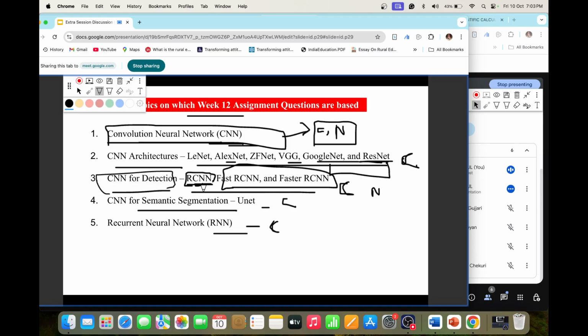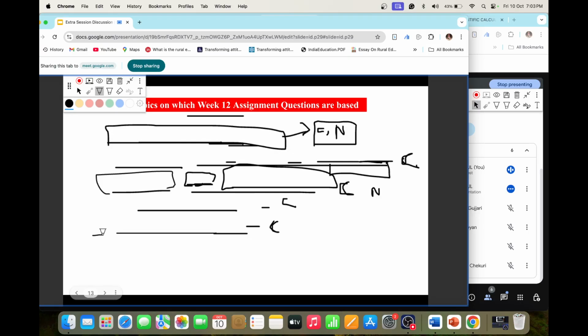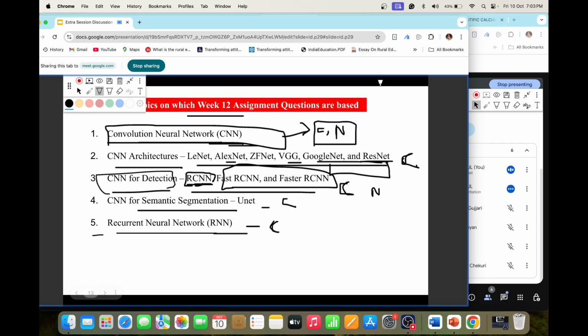Fast RCNN and faster RCNN have the same formula, RCNN has a different formula. So just go through how to calculate the inference time. RNN also has no numerical, but conceptually it is very important. So this is the whole theory from week 1 to week 12.